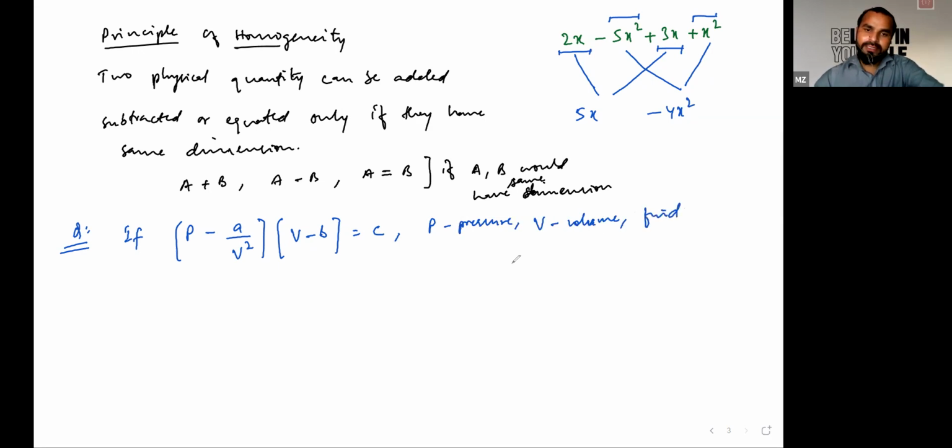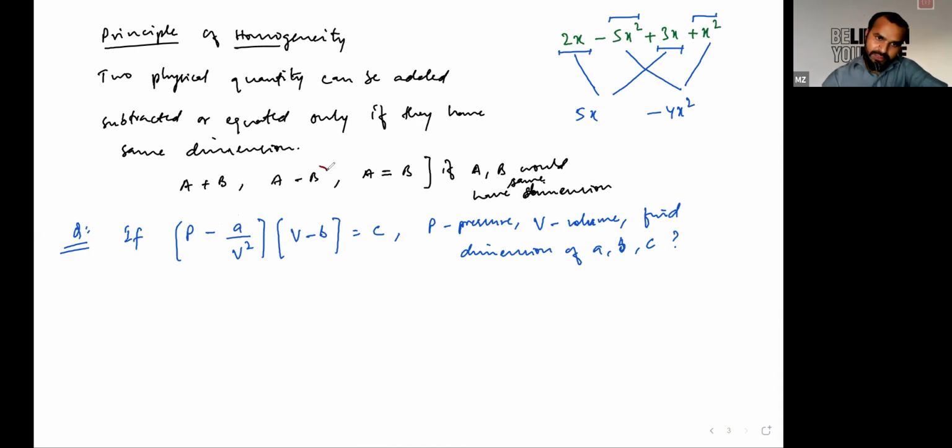We have to find the dimensional formula of a, b, and c. So how do we approach this problem? Just start from each bracket. In the first bracket, we have two terms: first P and the next a over V squared, with a negative sign between them.